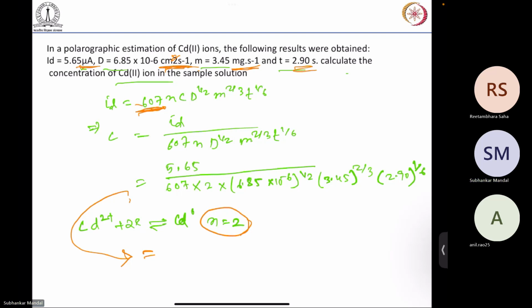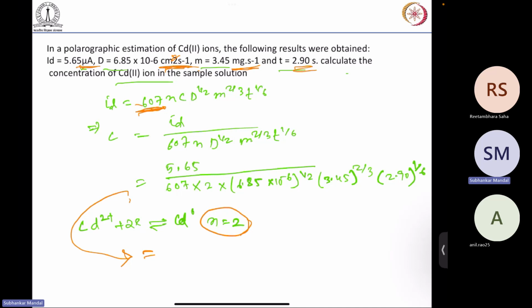602, 607 into 2, 6.25, into 10 to the power minus 6, minus 6, half, 3.45, 2 by 3, 2.9.